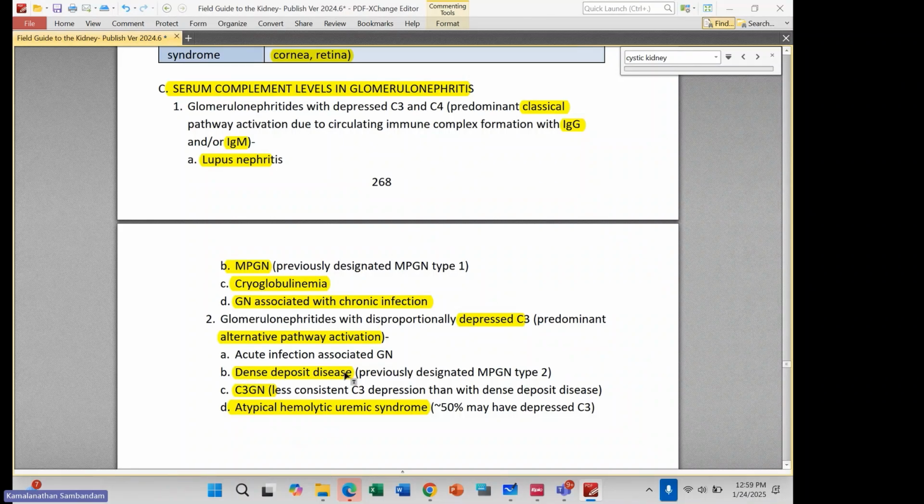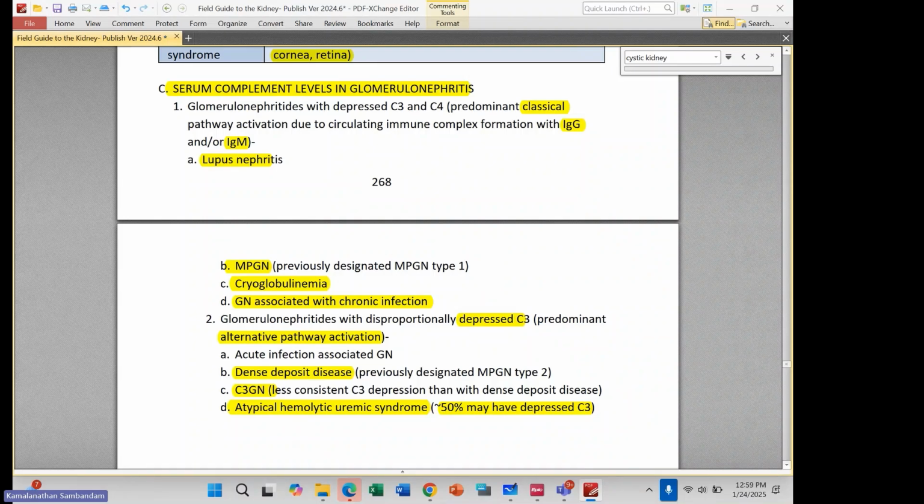Dense deposit disease and C3GN are both disorders of alternative pathway complement regulation. Atypical HUS is as well. And notice again that atypical HUS, even though it's not a GN per se, it's a thrombotic microangiopathy, it can have a depressed C3.